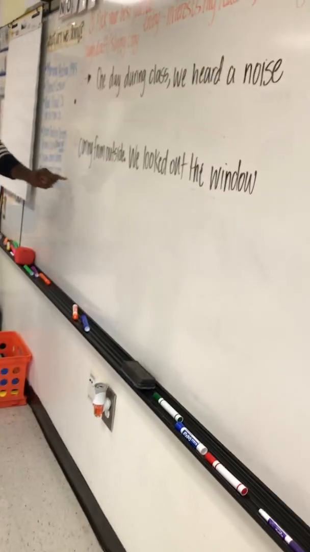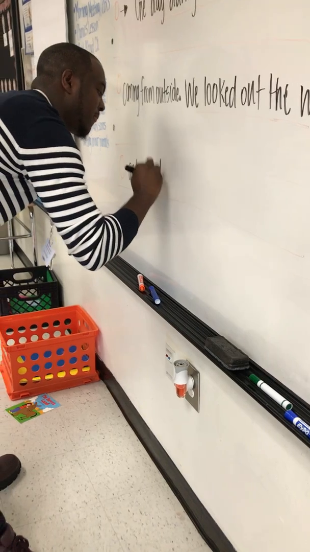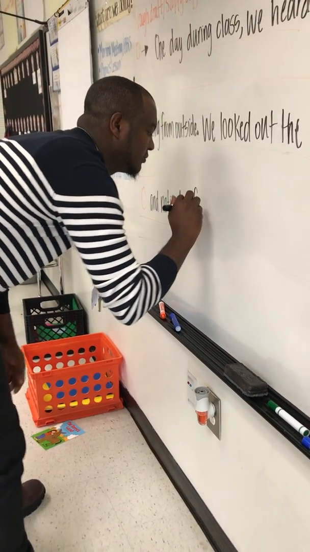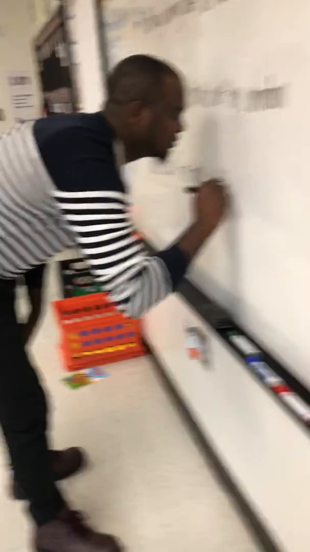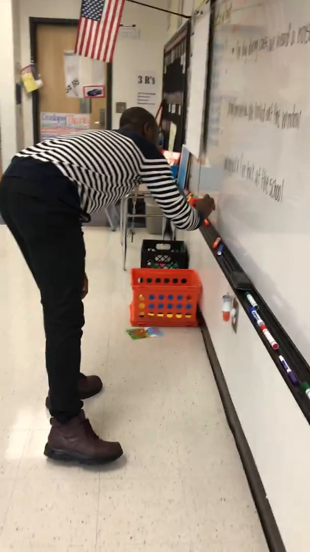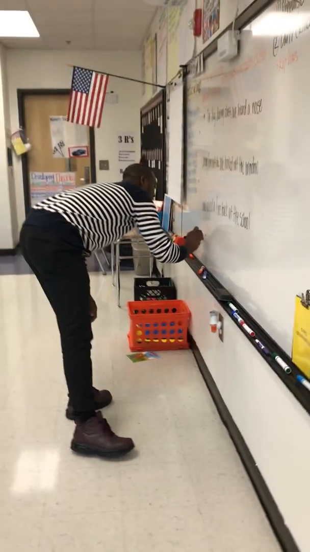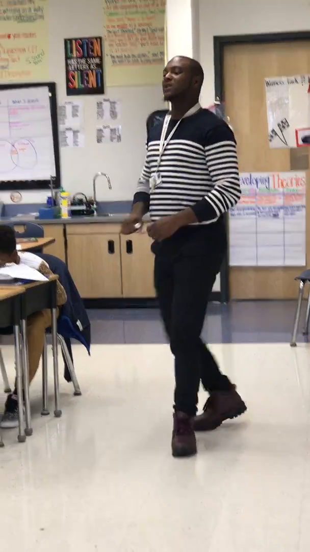And notice, we see how we skipped this line, right? Alright, so we skip another line and go to the next one. So we looked out the window and noticed a fire truck at the school across the street. Now we see what we mean by skipping lines, okay?